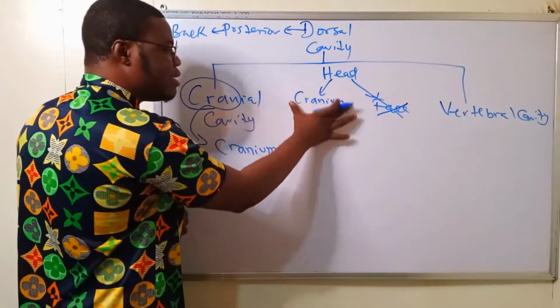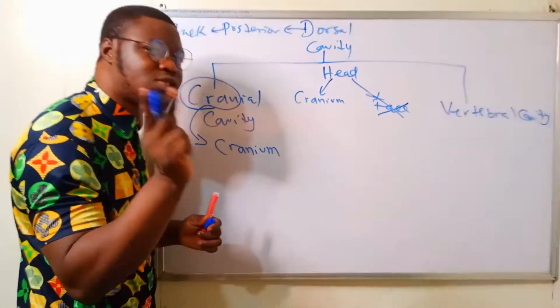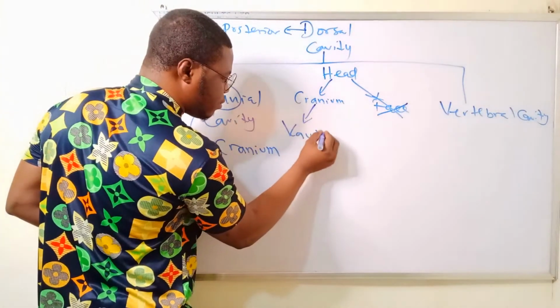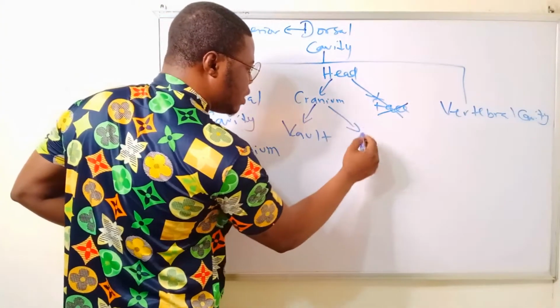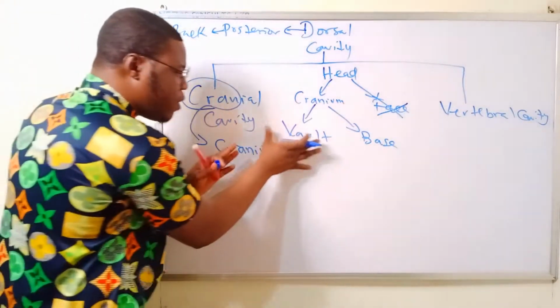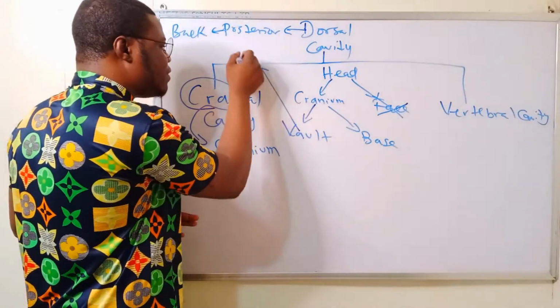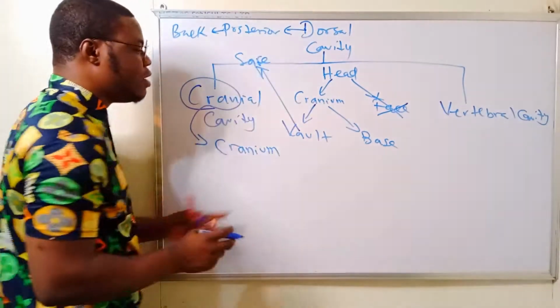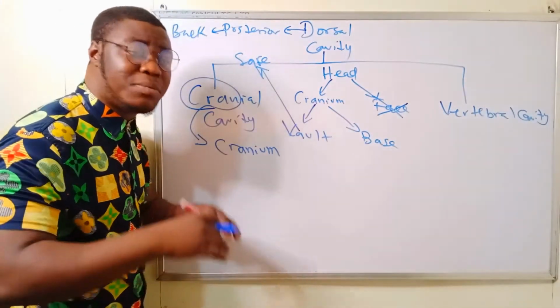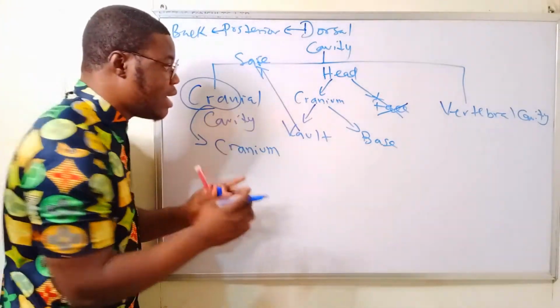Now, we are not interested in this face. We are actually interested in this cranium. So this cranium has two parts. The first one is what we call the vault, and the second part is called the base. Now, what's the meaning of that? A vault means a safe. If you check the English dictionary, it will tell you that vault means a safe. And what do you keep inside a safe? Something valuable. And now the base.